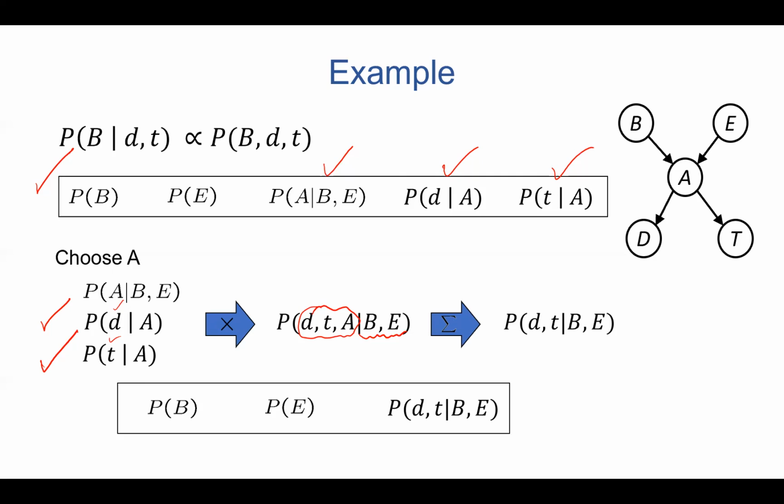That's how you do the join. This is a very important operation. And then after this, you just simply sum out over B and E, the hidden variables, right?